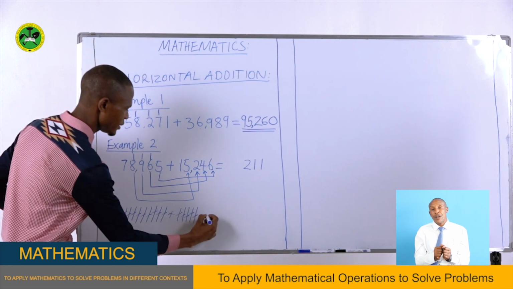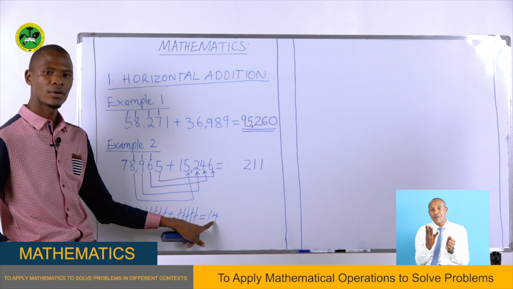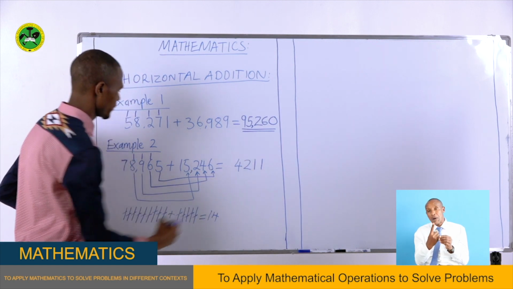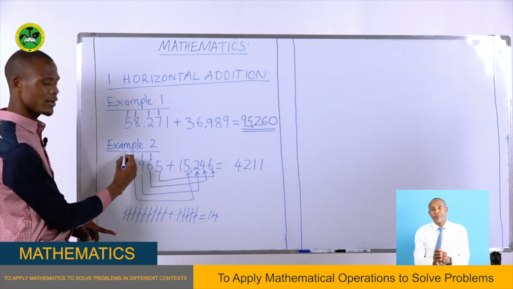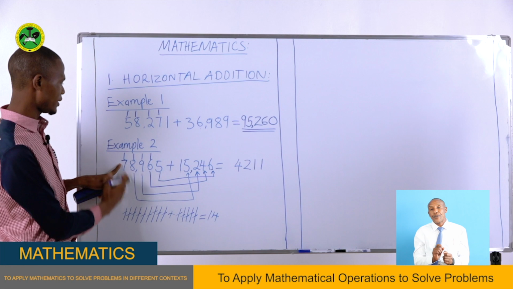So the answer is 14. We write 4, we carry 1 forward. We carry 1. We write on top of the last digit here.